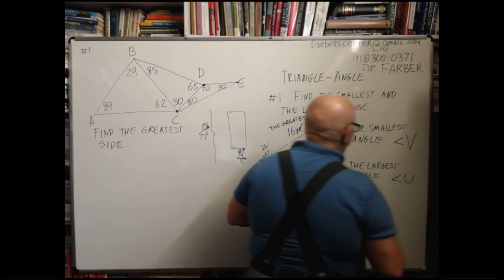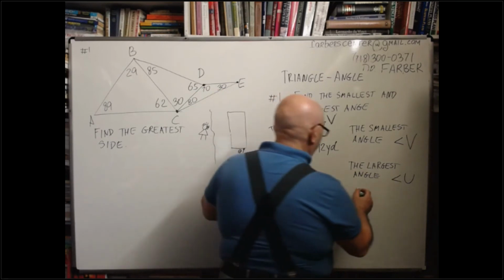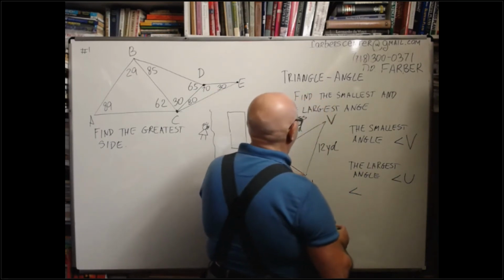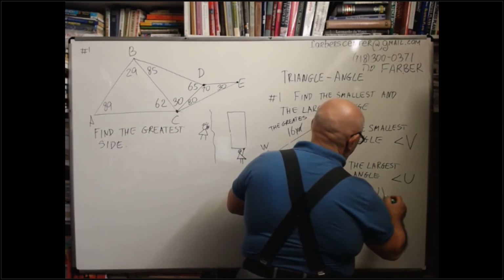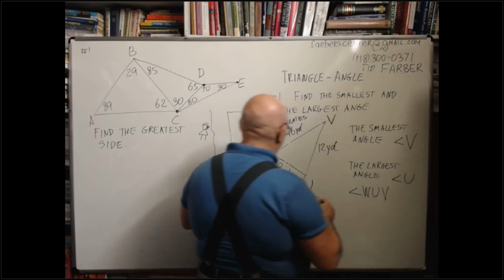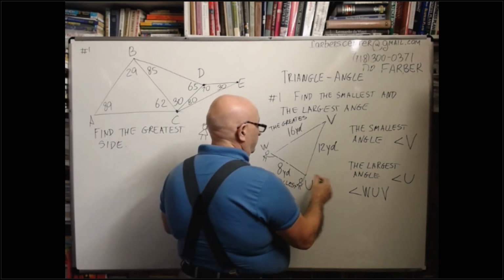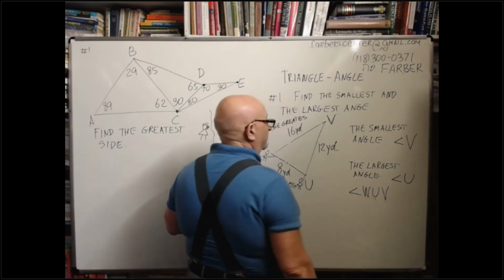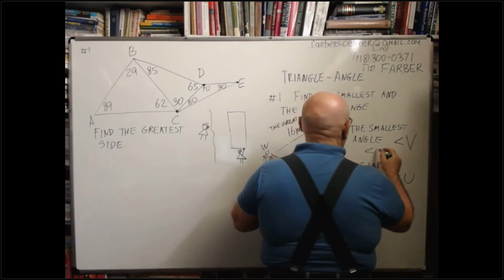Keep in mind, you can use either U or you can write angle WUV, which is the same. When you write an angle, the vertex belongs to the middle letter. Or instead of V, you can write angle WVU.